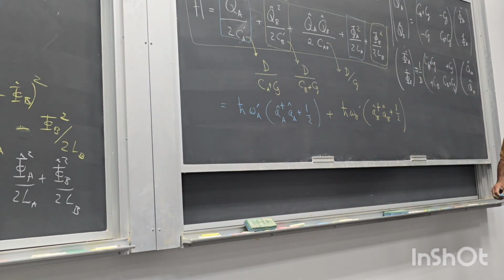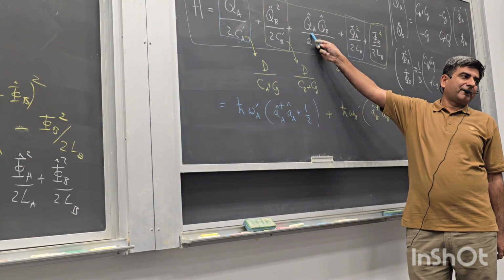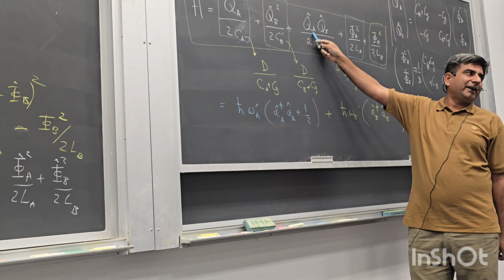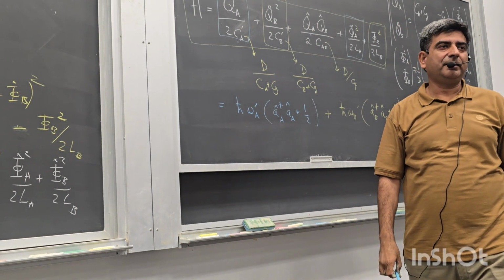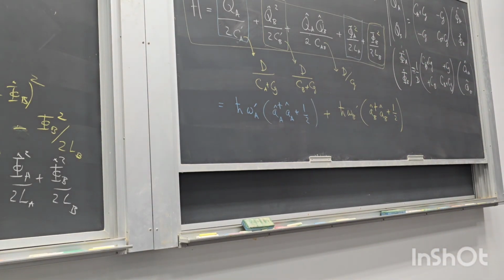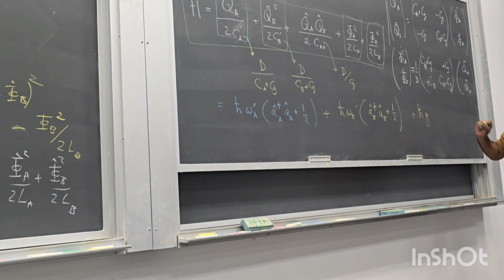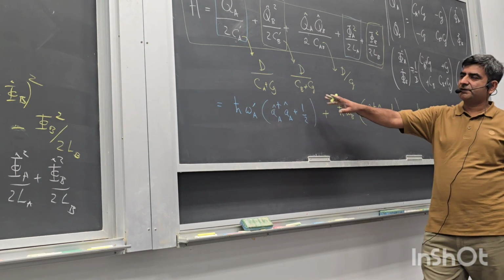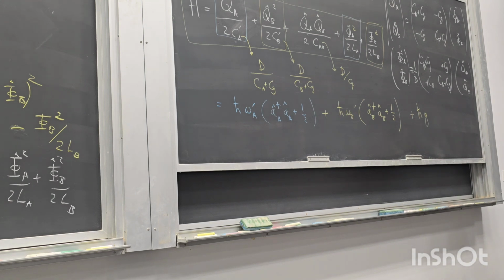And then if I look at this term, each one of these terms is a minus a dagger. So I have a minus a dagger for both oscillators a and b. If I do the proper coefficients, let me lump everything together and call it G. Now G is some function of these capacitances, which you can work out, just algebra.